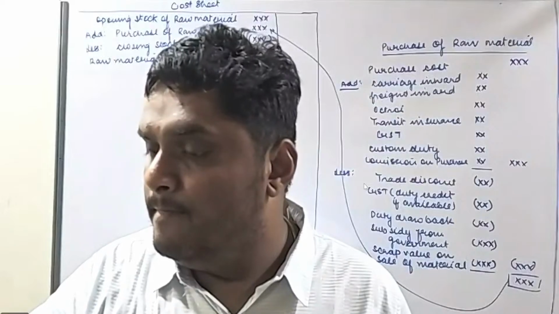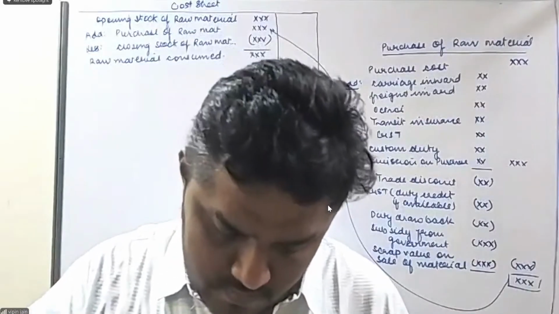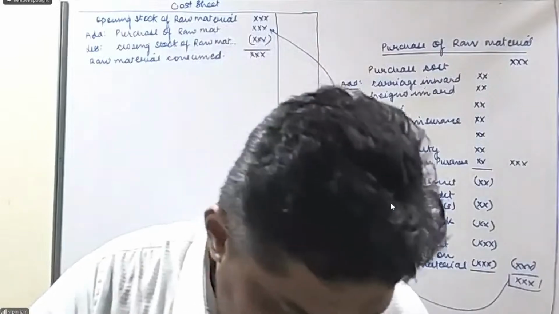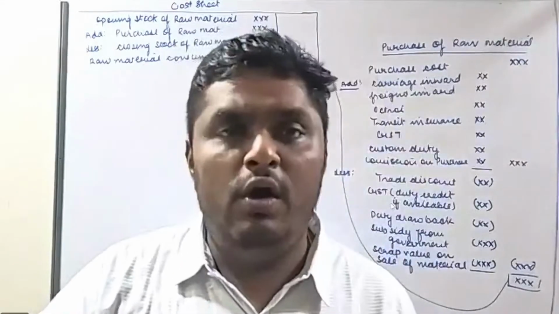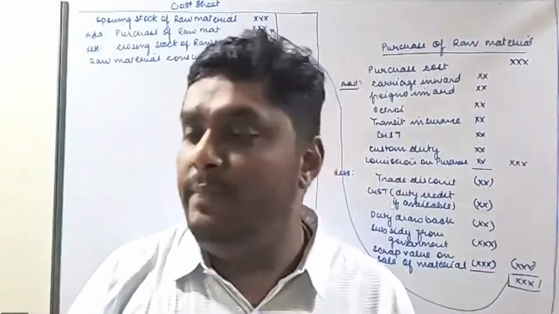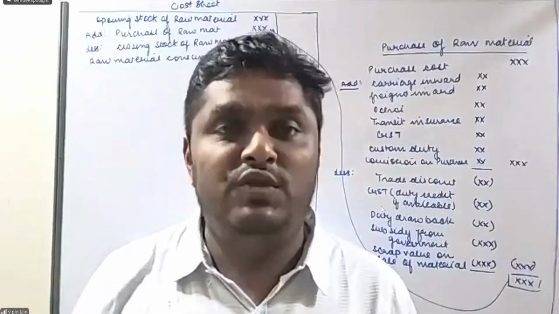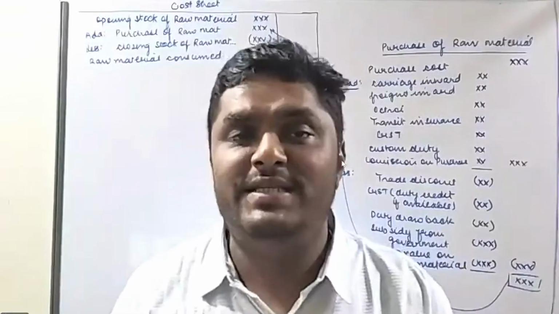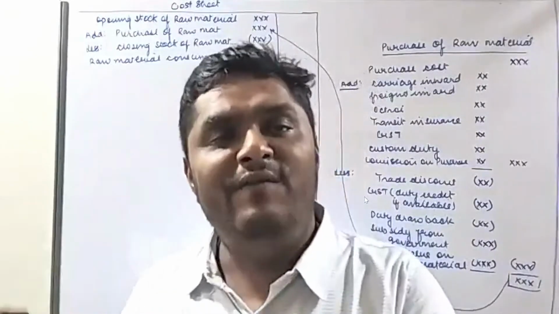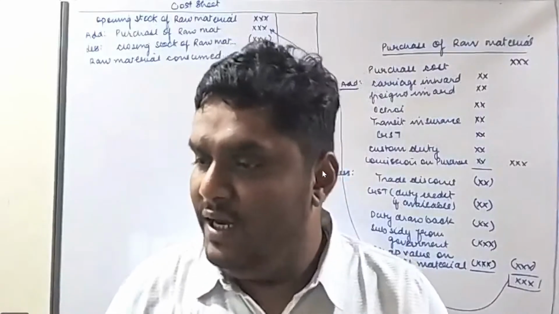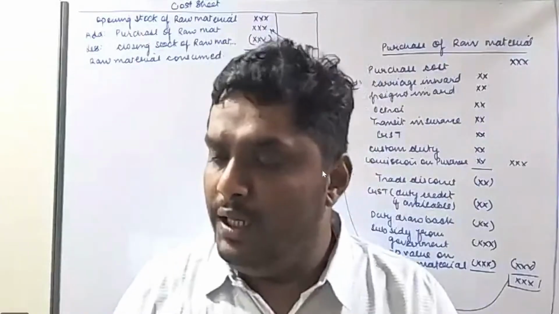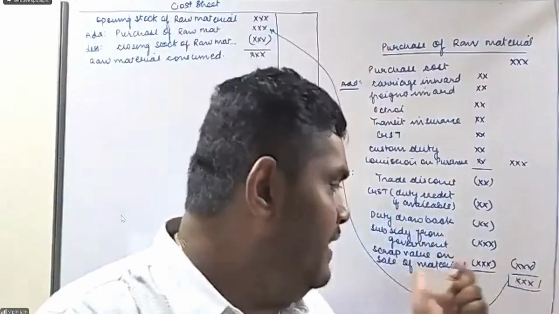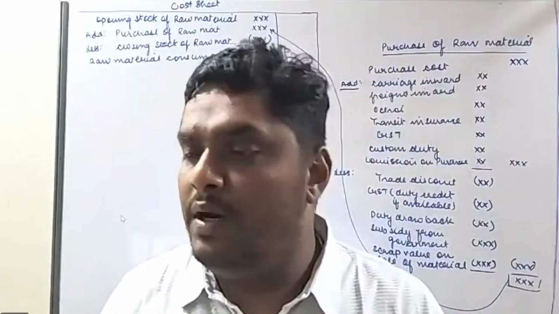Sir, in case of scrap value realized, whether we need to see if it is normal or abnormal? See, it's only normal. Abnormal will not come at all. See, further I repeat again, this cost sheet is an estimated data, not the actual data. Generally every product has a certain percentage of wastage in raw materials, and we have to sell that. Like I told you, in the potato industry where I manufacture potato chips from potatoes, in loading and unloading some potatoes get spoiled. If we sell those spoiled potatoes in the market and recover some nominal price, that amount recovered will be deducted, and it's only the normal loss, not the abnormal loss.